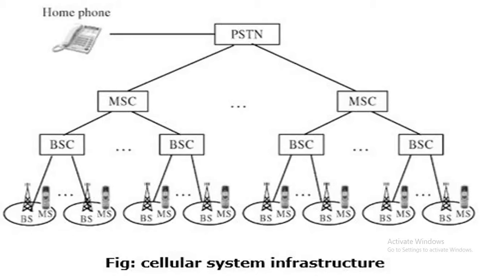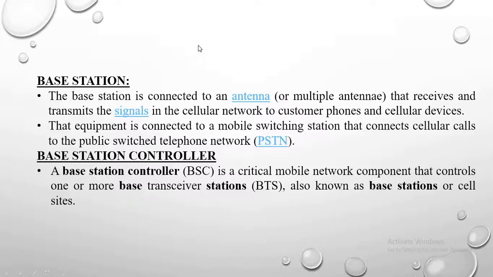We'll see each and every block's usage here. First of all, MS is the mobile subscriber. Whenever you dial the number, you generate a signal, and that signal is transferred to your base station in that particular geographical area. There you have one base station, which is nothing but your cellular tower.